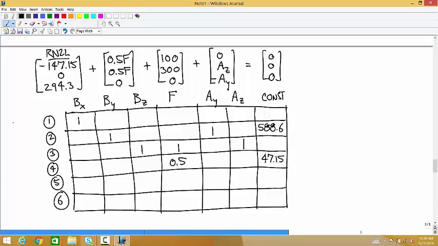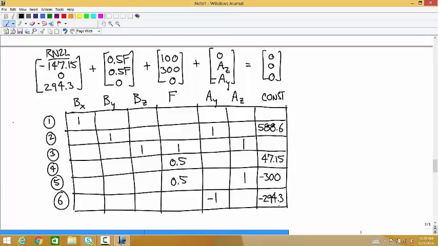The fifth equation, F's we have 0.5, AZ's we have 1, and constants we have negative 300. And then the sixth equation, AY's we have negative 1, constants we have negative 294.3.